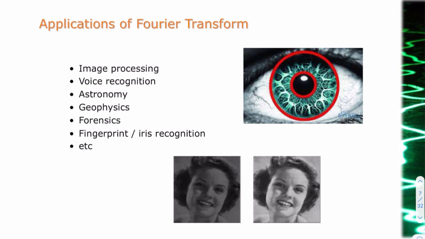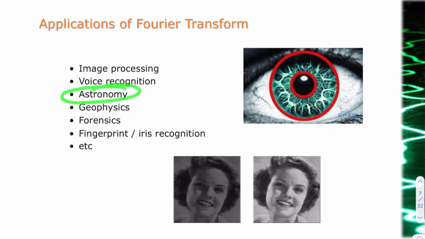So for example, here, iris recognition, we can process this image here, and by taking a Fourier transform of this image of the iris, we can use that for recognition purposes. The same with fingerprint analysis.